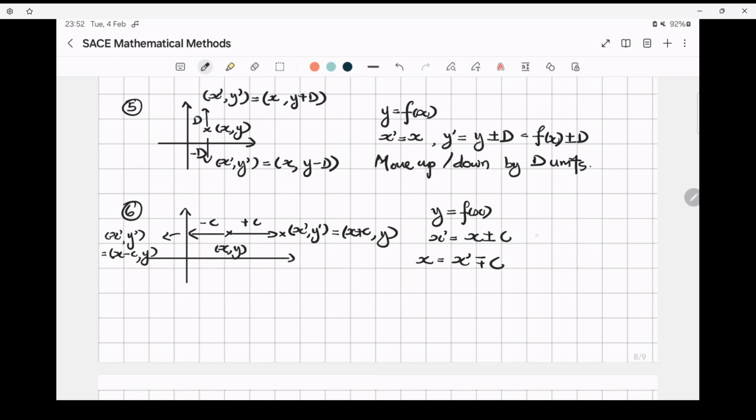So then we know that y prime equals y equals f of x, and this is f of x prime minus plus c. So when it is minus, you move right. When it is plus, you move left by c units.